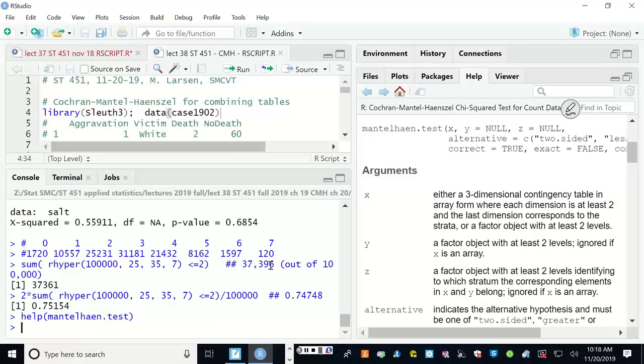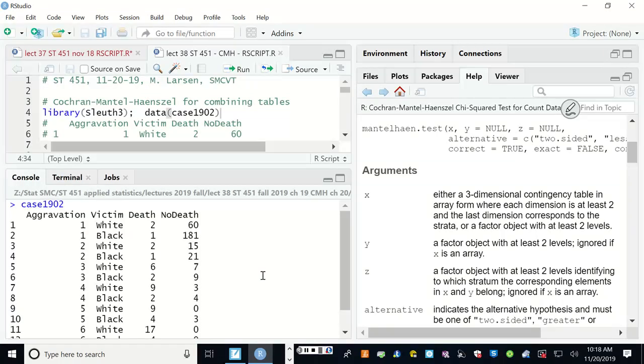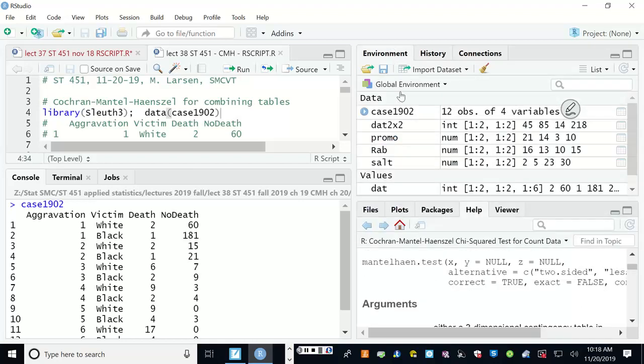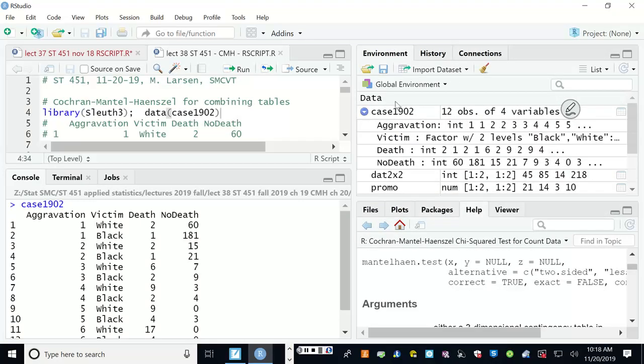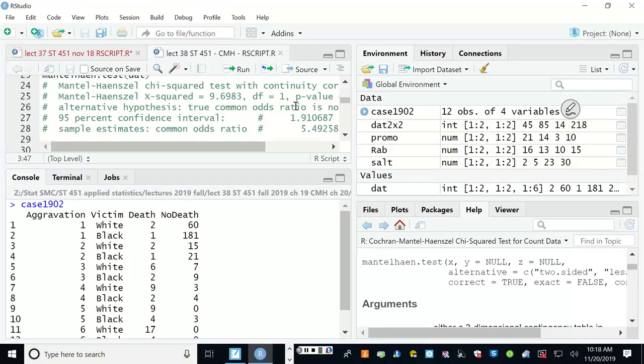So in this case, case 1902 is in there as just an array like this. It's a matrix, so it's not really set up like we want it to be.